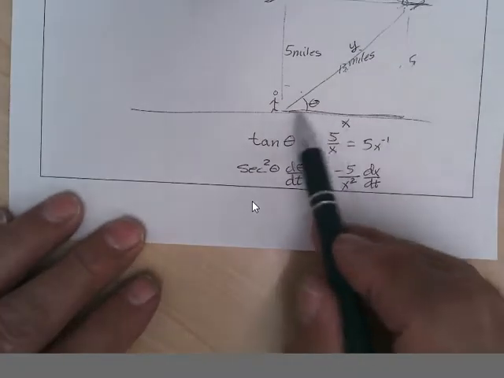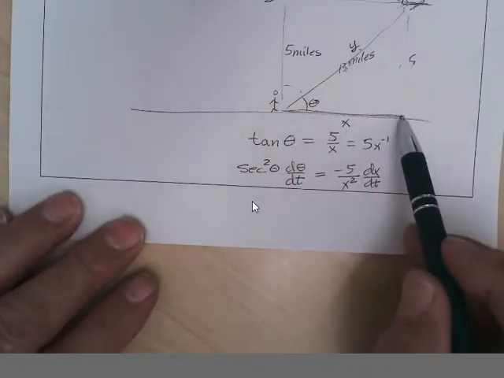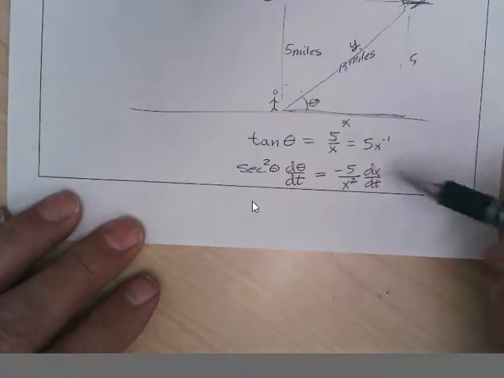So this direction is the x. The plane is going 800 miles per hour, so this is 800.